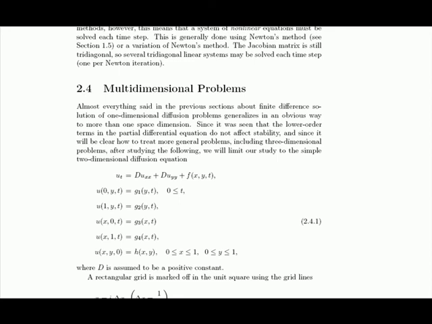In the next section, we talk about multidimensional problems, that is, where there's more than one space variable. For example, here's a heat equation in a two-dimensional region, ut equals d uxx plus d uyy plus possibly some source term. Again, d is the diffusion or heat conduction coefficient, but now u is a function of time and x and y, so now we're talking about heat conduction in a plate.